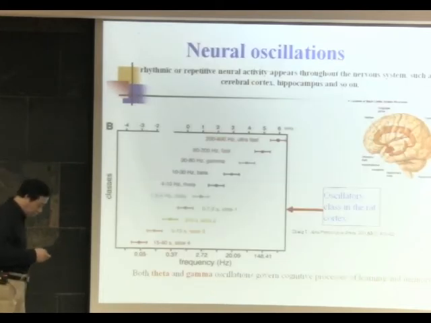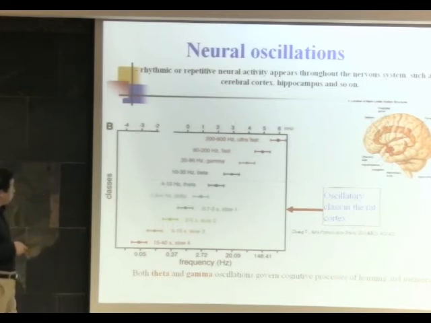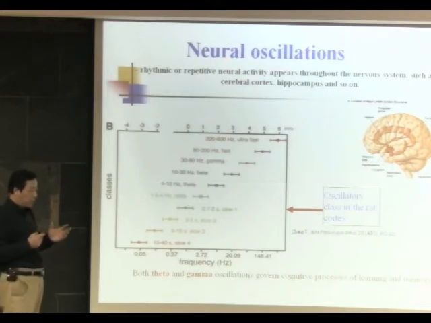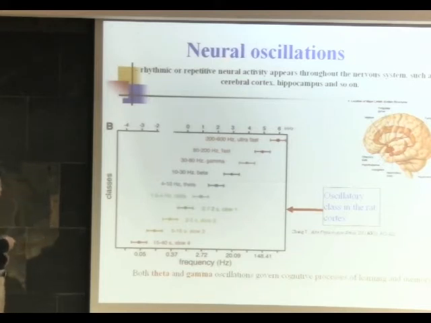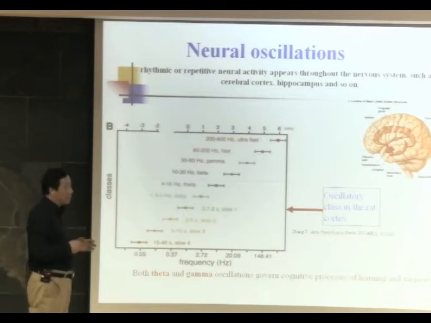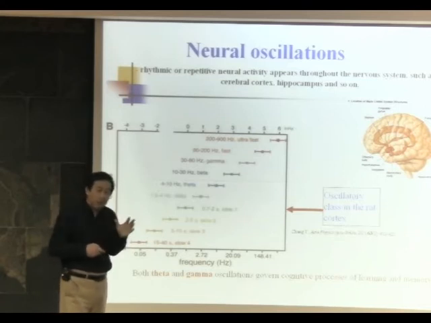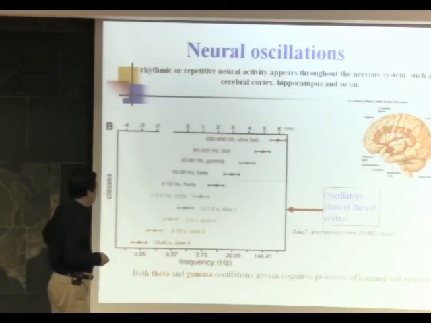Now I would like to say a bit more to introduce neural oscillations. What are neural oscillations? Neural oscillation is rhythmic or repetitive neural activity which appears throughout the whole nervous system. For instance, it appears in the cortex, in the hippocampus, and so on.